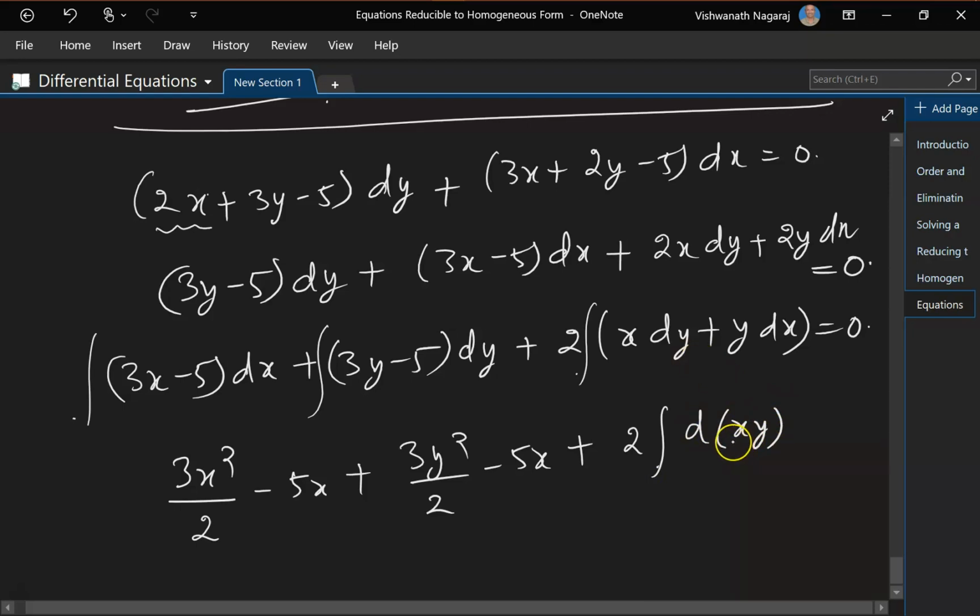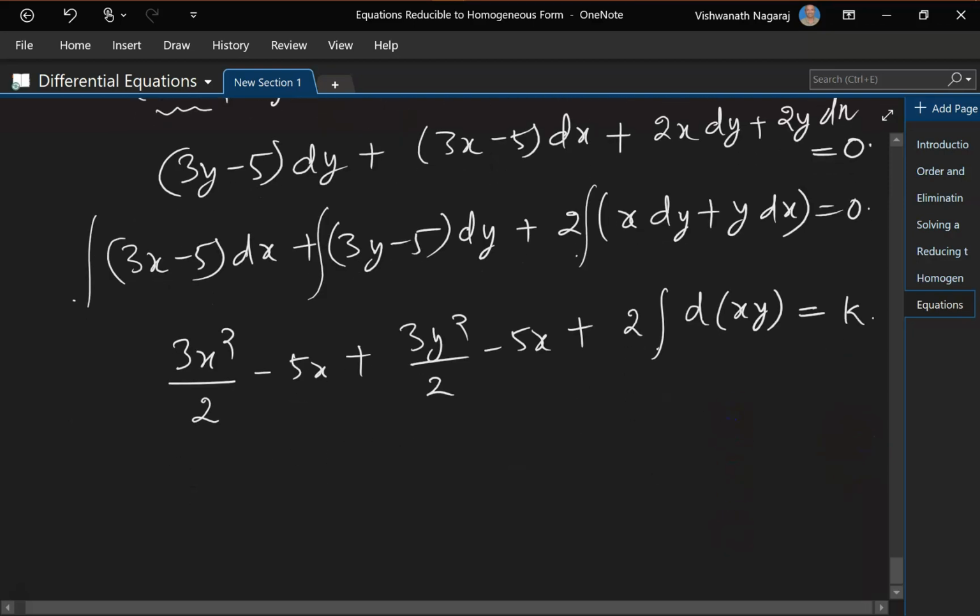Yes, if we differentiate xy, we get x dy plus y dx, by the product rule. This is equal to, let's say c, or let's keep it a different letter, k. Now here the integral and differential cancel out each other.